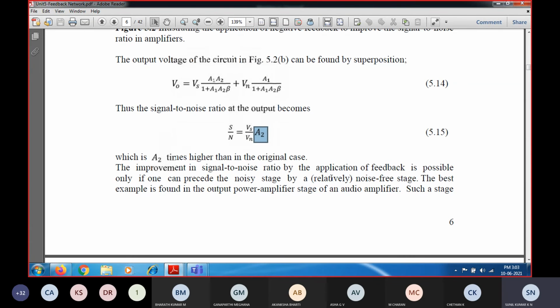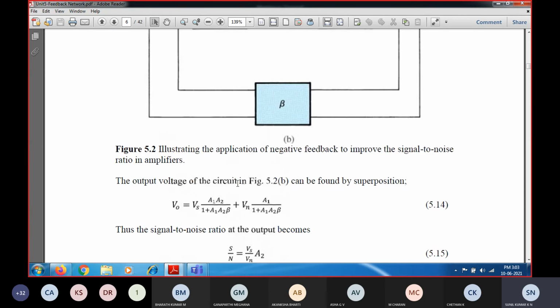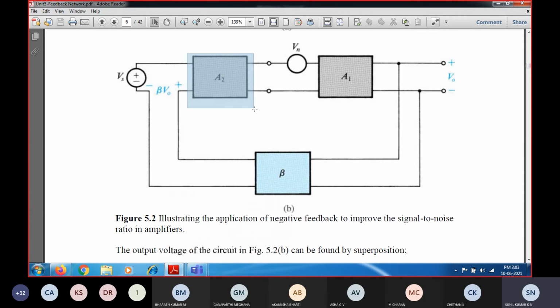The improvement in the signal to noise ratio by application of feedback is possible only if, you should remember, the assumption is that we have a preceding amplifier connected before the amplifier A1.